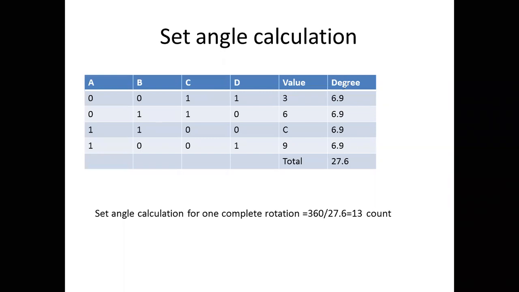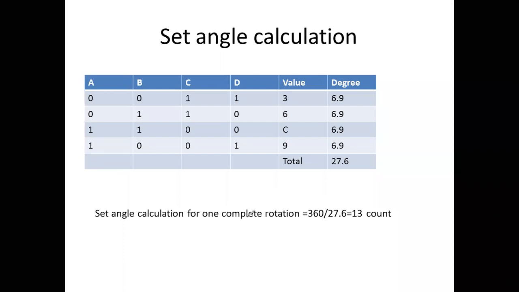So what is the step angle here? 6.9. So if you pass the value 36C9 to the microcontroller, the stepper motor will perform one step at a time. So the value for the stepper motor is 27.6. If you load this value at a time, the stepper motor will tilt by the angle 27.6.